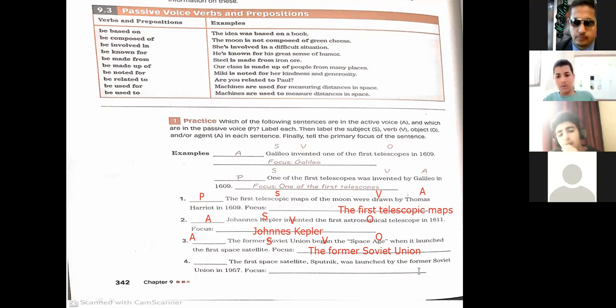We have an agent here, yes? So it will be passive. Yes, well done. It is a sentence in the passive form.